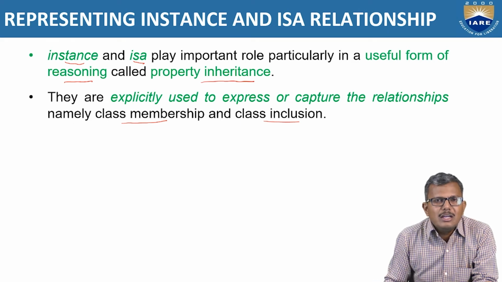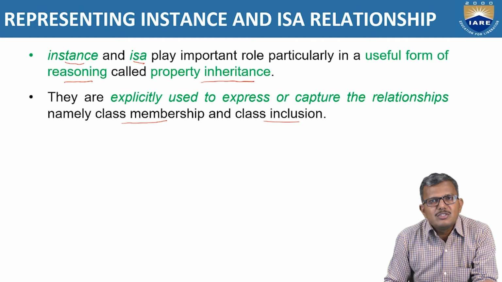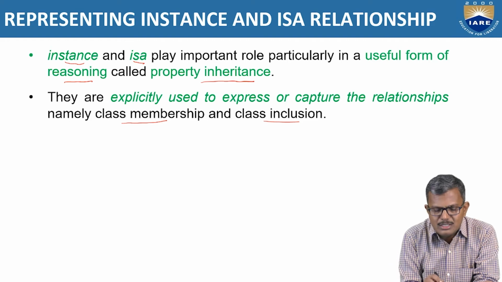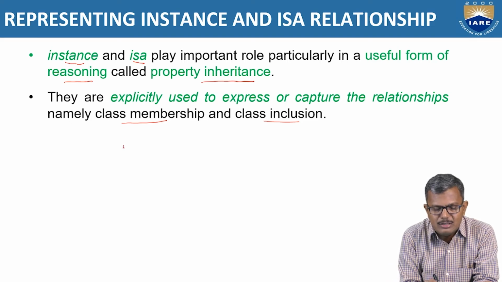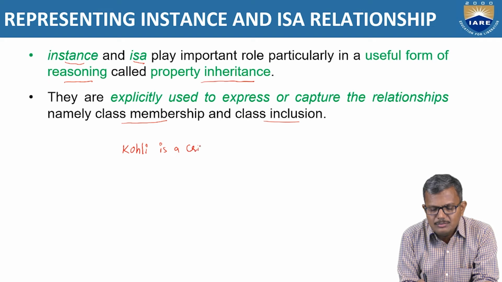Once we get an example, it will be very easy for us to understand. I will take an example here itself. I am trying to represent the statement: Kohli is a cricketer.